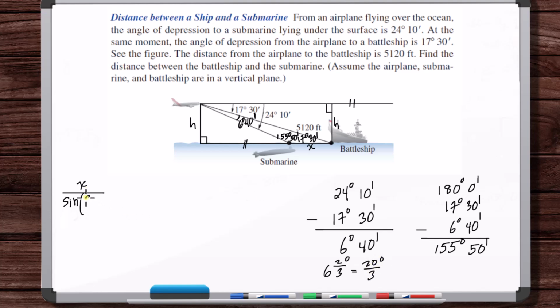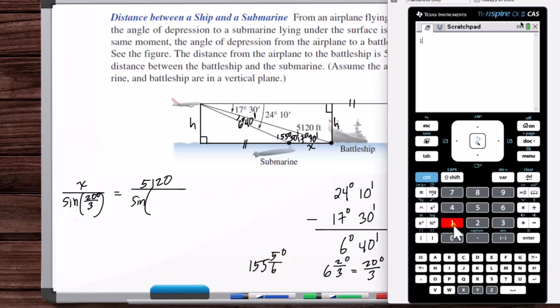This is equal to 5,120 divided by the sine of 155 degrees, 50 minutes. That's 155 and 5/6 of a degree.